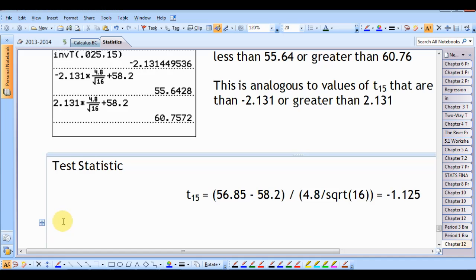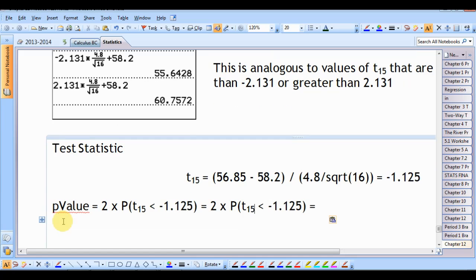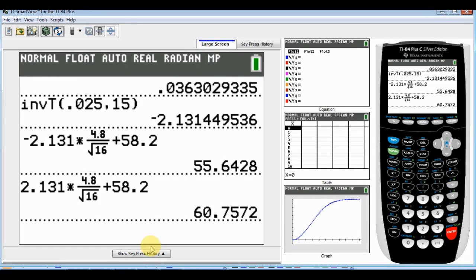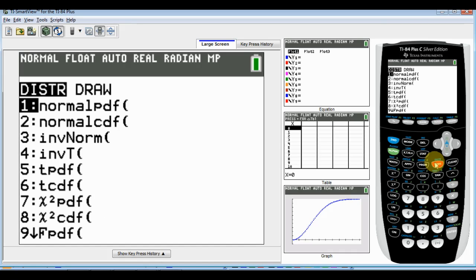What's next? P-value. P-value is equal to 2 times the probability that t sub 15 is less than negative 1.125, which is also equal to 2 times the probability that t sub 15 is greater than that, which is equal to tcdf.